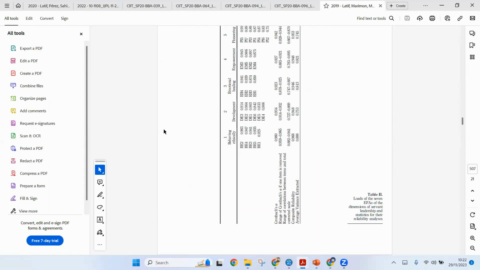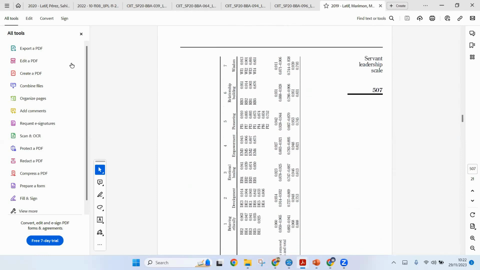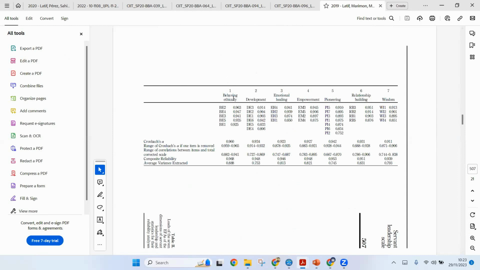This paper has identified seven dimensions of servant leadership: behaving ethically, development, emotional healing, empowerment, pioneering, relationship building, and wisdom. Now, servant leadership is a higher order construct that is measured using these seven dimensions.